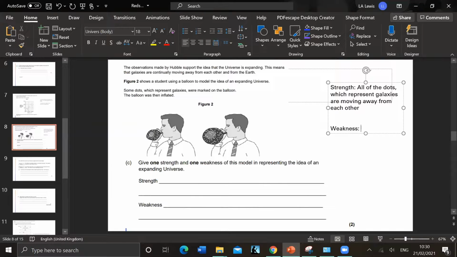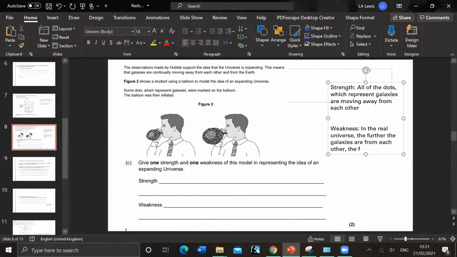Weakness. It depends on how he's blowing that balloon up. I guess it's constant. So the weakness is that in the real universe, let's write this down, in the real universe, the further the galaxies are from each other, the faster.